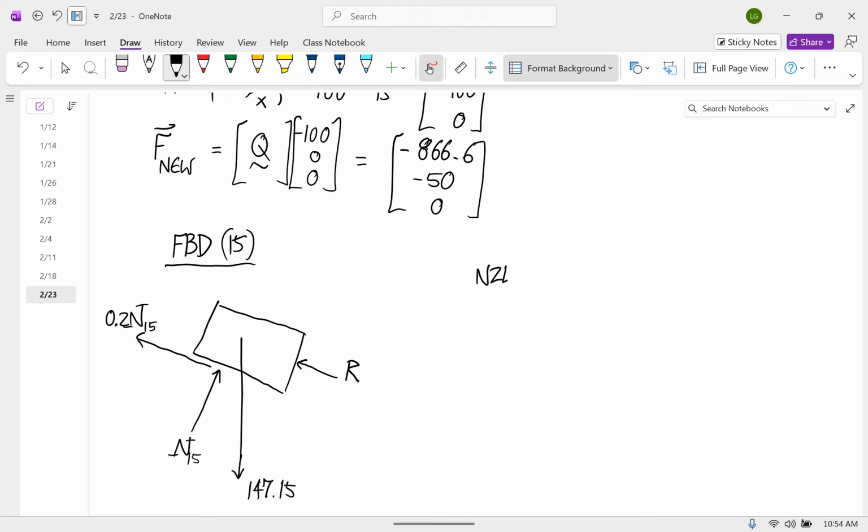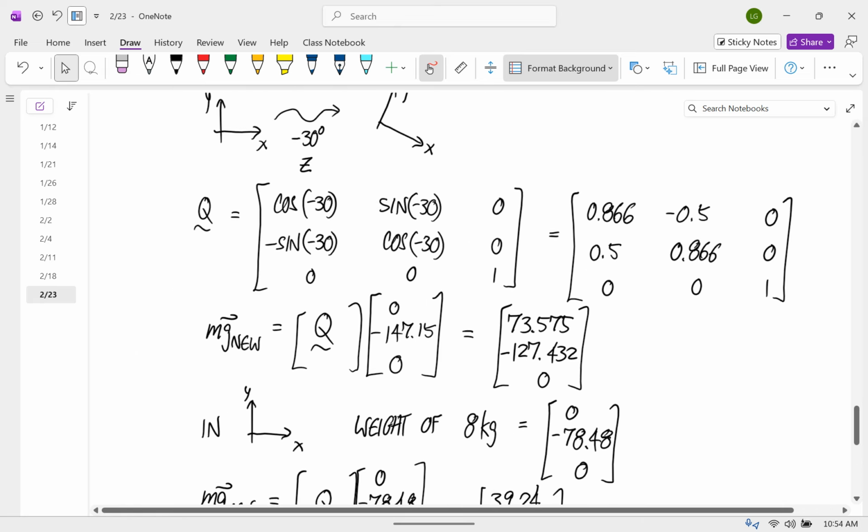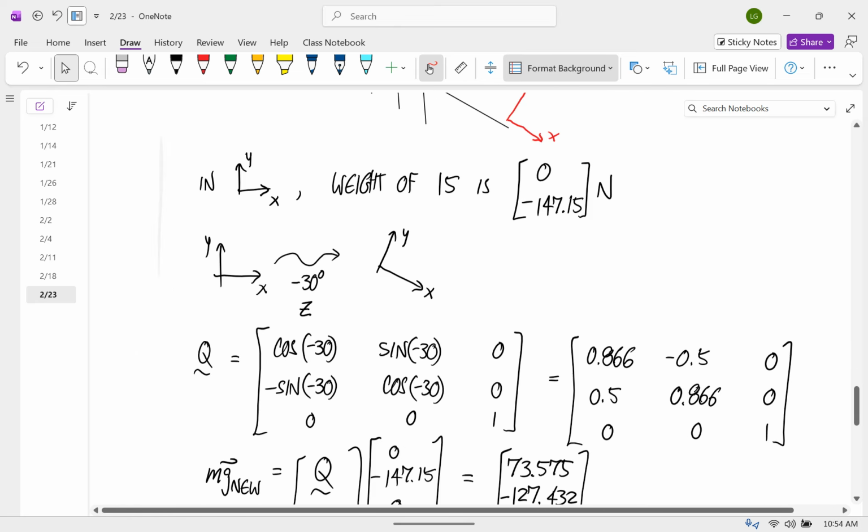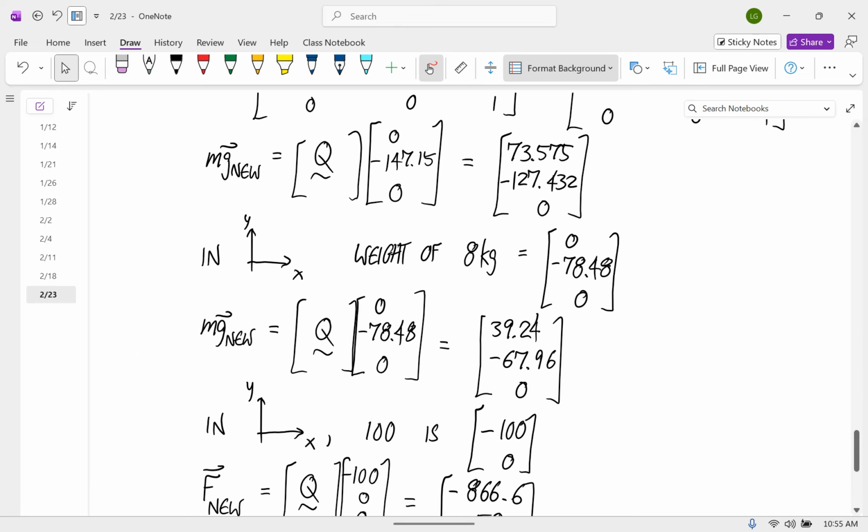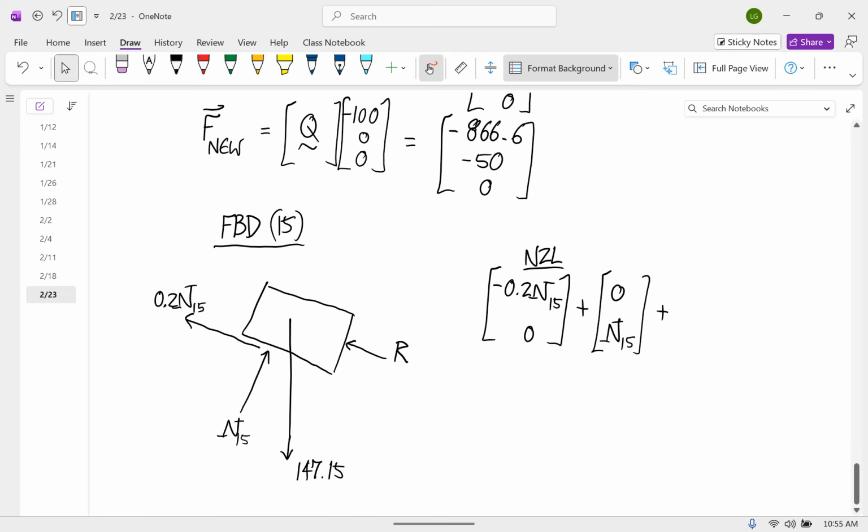So Newton's second law for this one says negative 0.2 N15, plus 0, N15, plus the weight force, which we have up here, 73.575.